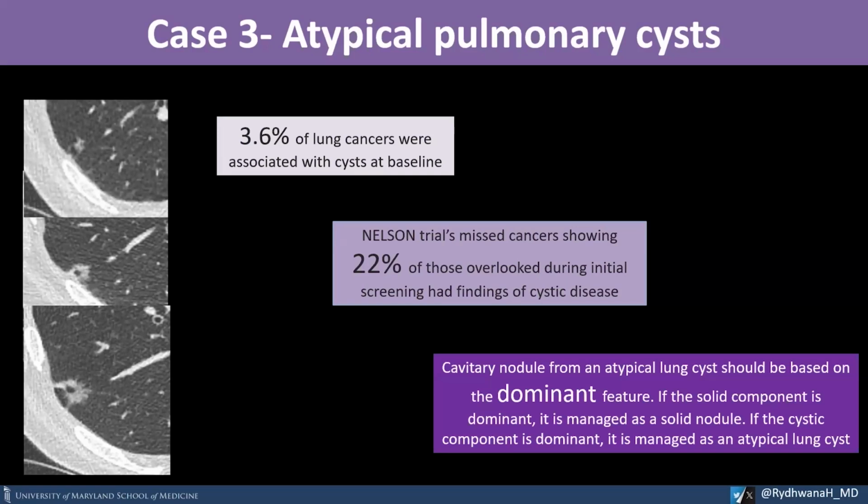And this was followed by a reanalysis of the Nelson trial, which looked at about 22% of overlooked lung cancers on their initial CT scan presented as cystic disease, reaffirming that atypical pulmonary cyst is something that we should be looking out for in our patients undergoing chest CTs.